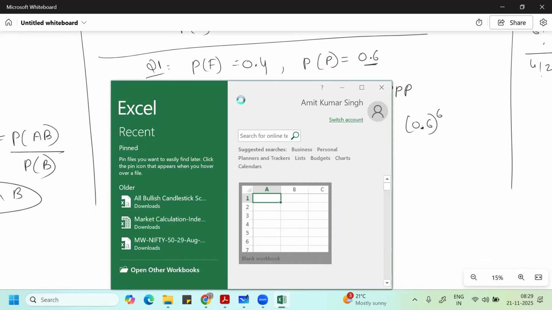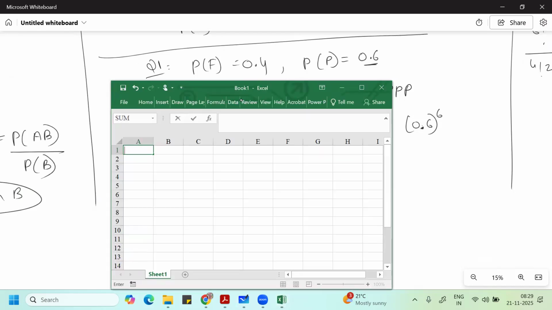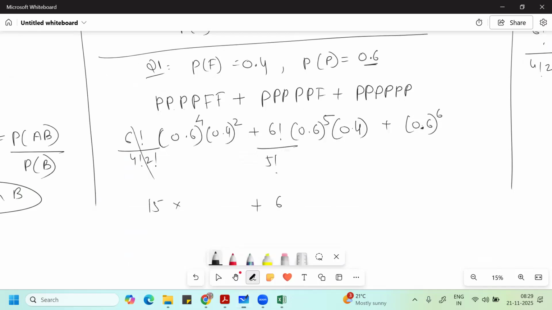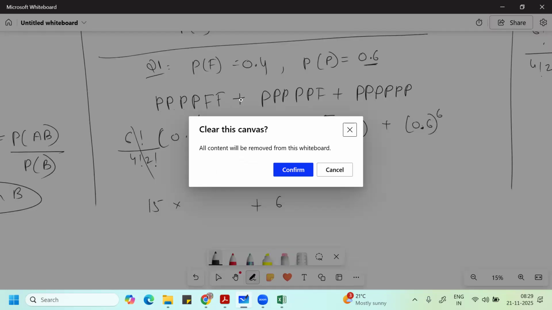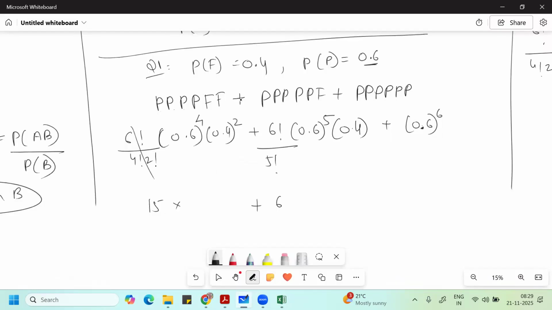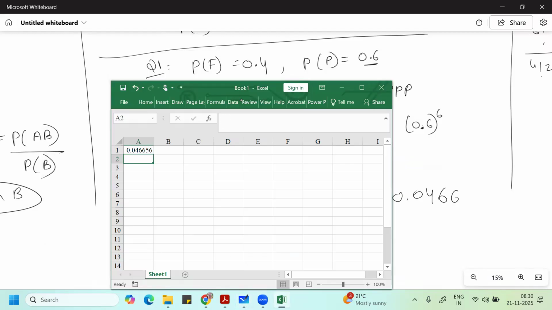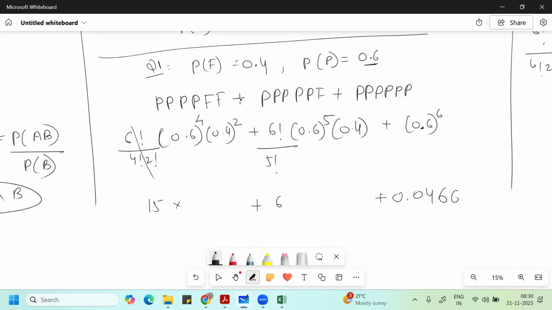So 0.6 to the power 6. Okay, this is 0.046656.